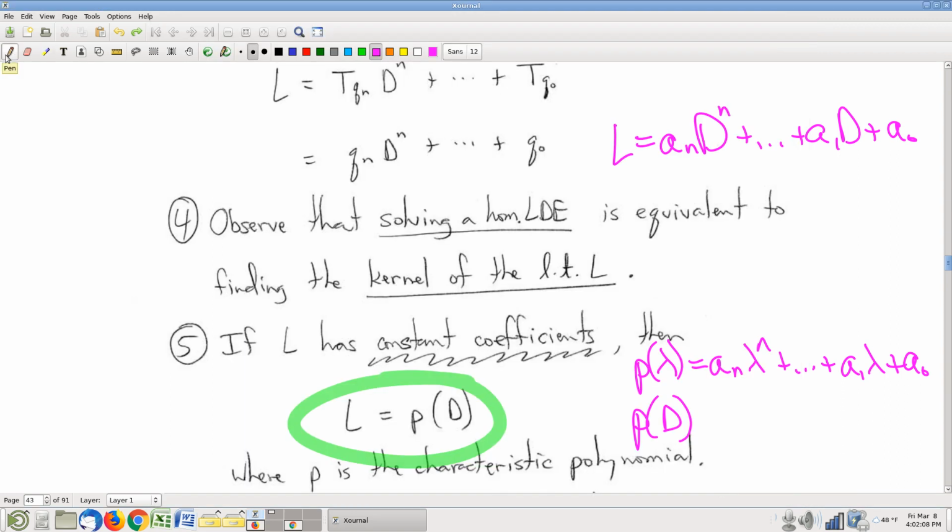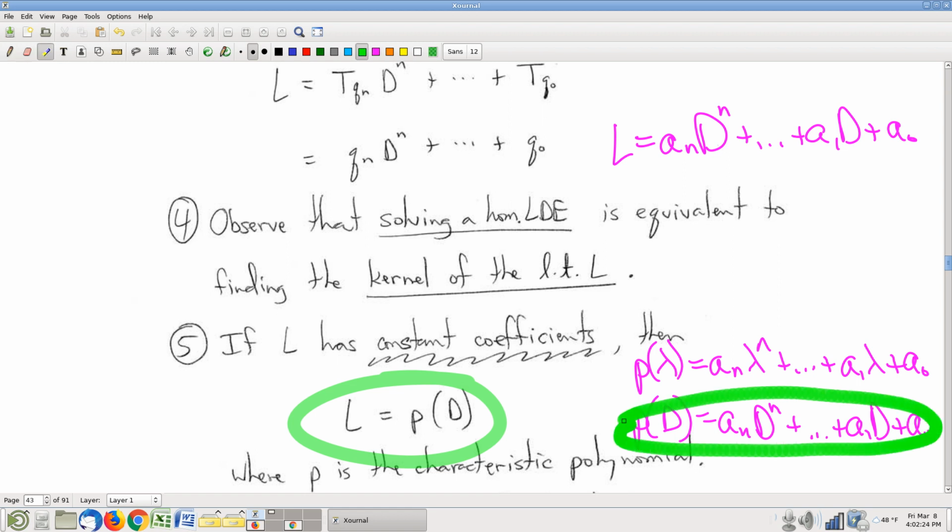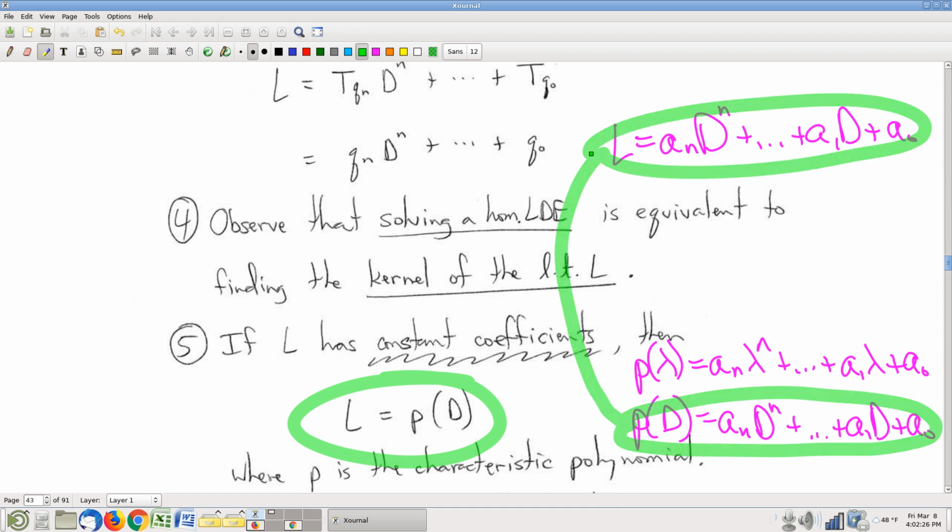Everywhere we see lambda, we're going to put a D, and we get A-N D to the N, plus ... plus A1 D, plus A0. And sure enough, P of D is L. There it is. So this is not nonsensical garbage.